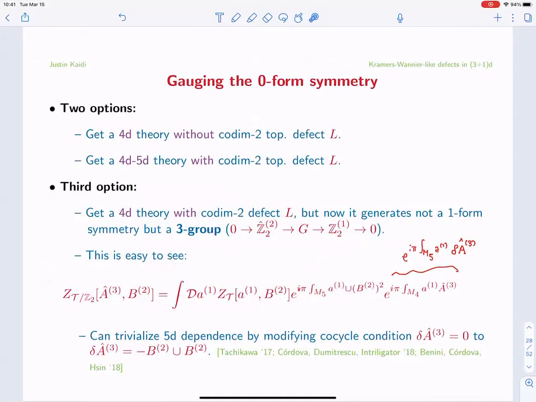This is the coupling that I am discussing. But is it a one-form gauge theory in 5D?